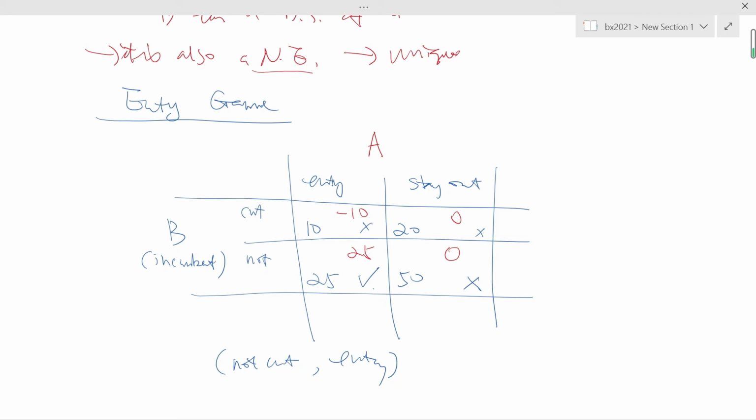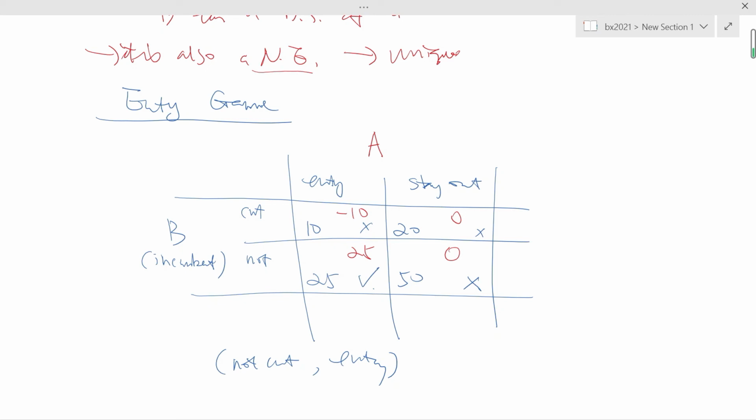So you will walk away from the transaction. In such a situation, there's a mutually beneficial transaction that cannot be realized, and we call this problem adverse selection.